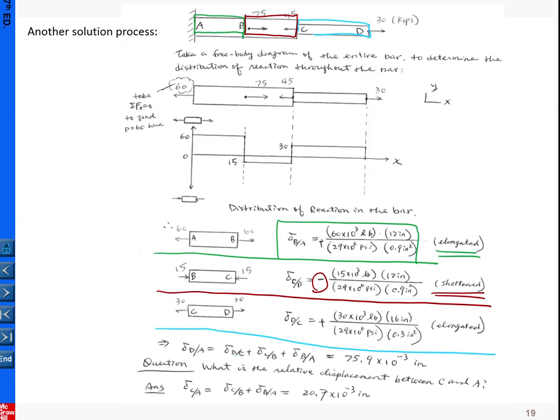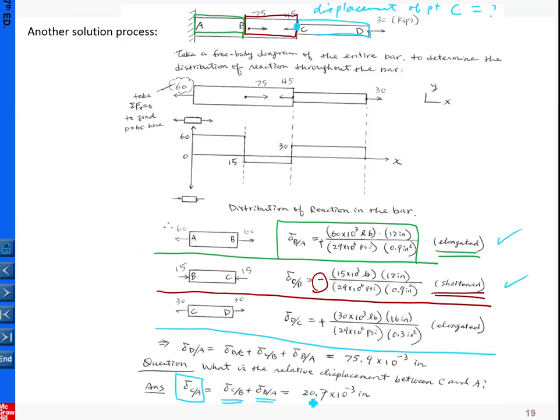Okay, so the question is, for example, if we want to calculate the displacement of point C, how are you going to calculate that? Probably you can start from here. You determine the deformation here, then this one is equal to this. We know this number, and C relative to B, we know this number that is here.